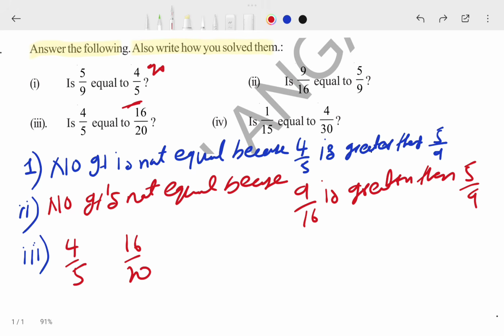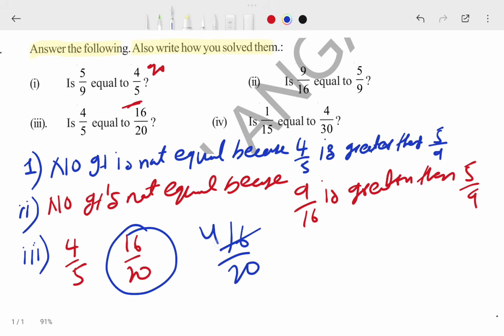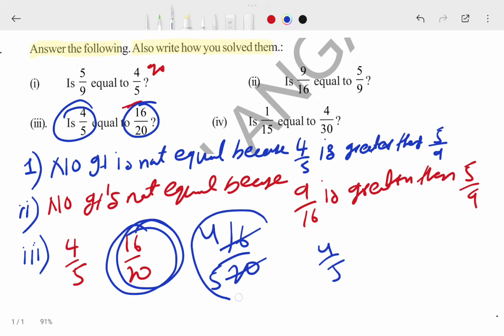If you see the numbers 16 and 20, it is possible to divide. In the 4 table, 16 is 4 times and 20 is 5 times. Is it divisible? So this is 4 by 5, already here. If I divide 16 and 20, I get the same numbers, 4 and 5.